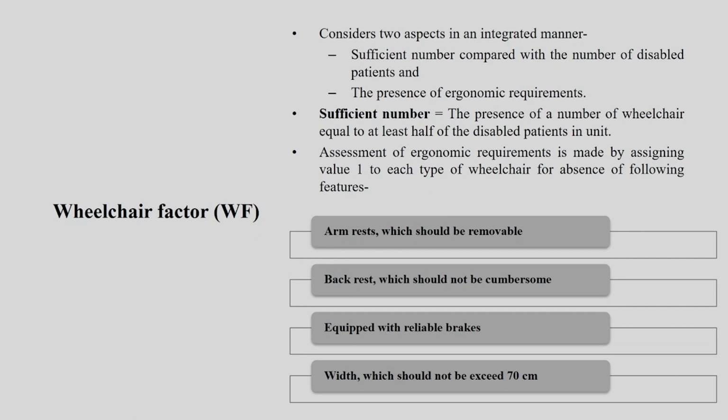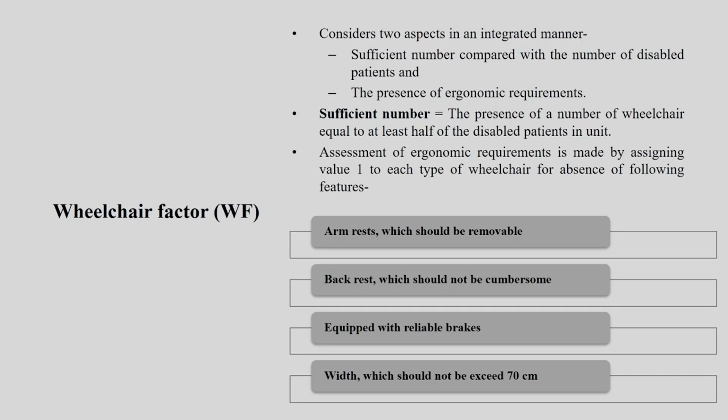One is whether a sufficient number is present or not, or whatever is there, is it adequate or not. So, how do you calculate the sufficient number? The presence of a sufficient number of wheelchairs is equal to at least half of the disabled patients in that particular unit.